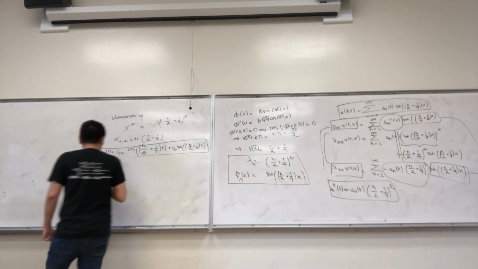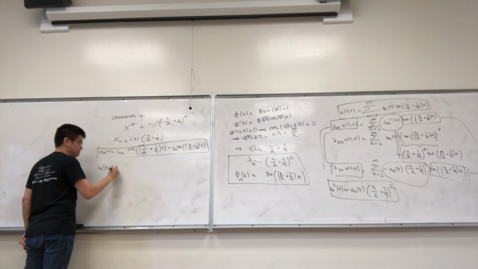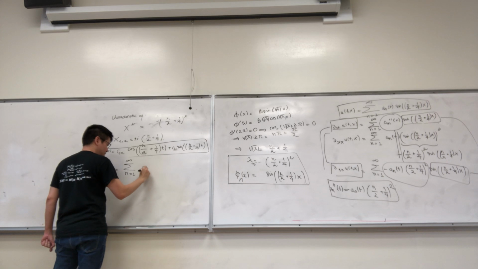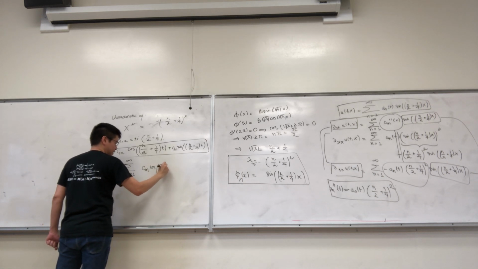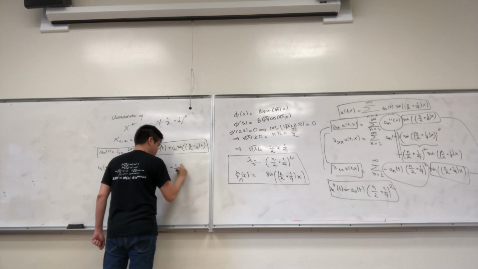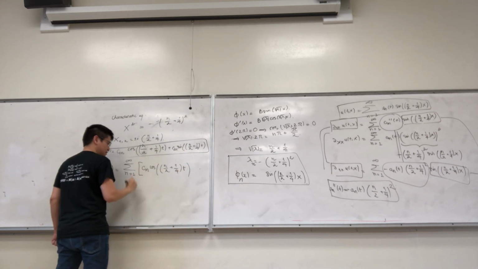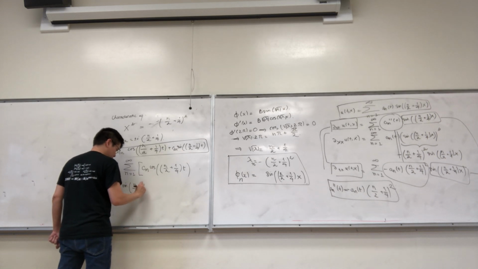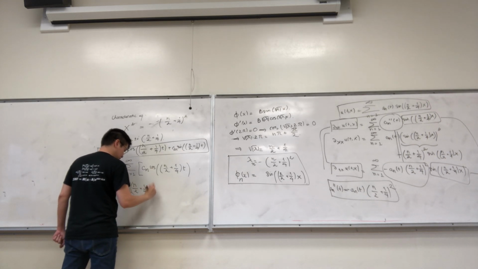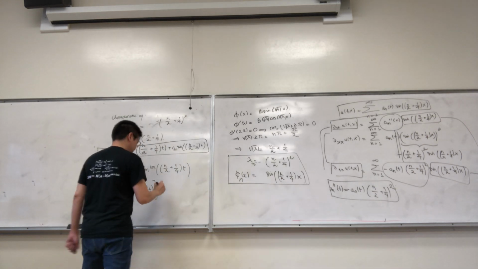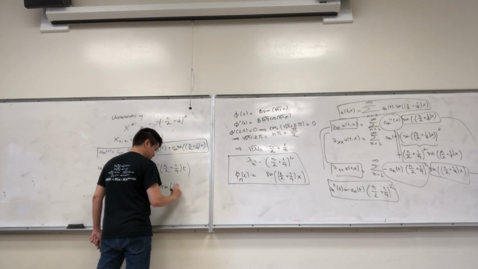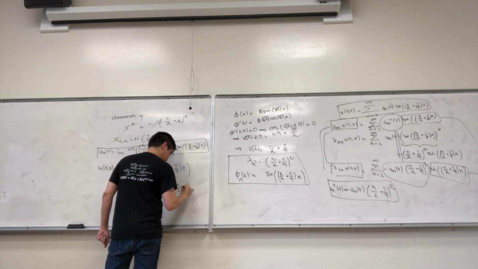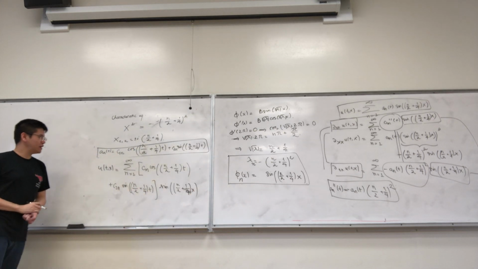So u(t,x) will be, when n goes from 1 to infinity, of c1n cosine of (n over 2 plus 1 over 4)t plus c2n sine of (n over 2 plus 1 over 4)t, times sine of (n over 2 plus 1 over 4)x.